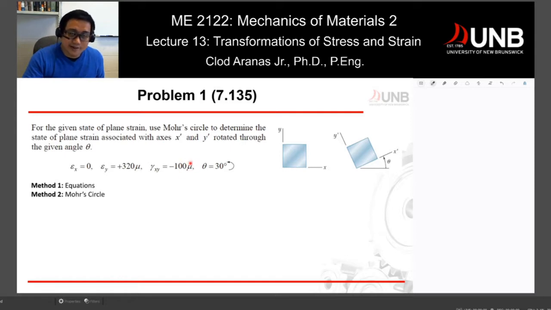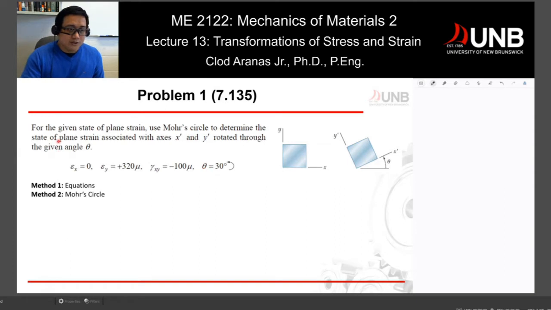So take note that this is times 10 raised to the negative 6, because we are talking about strain in the elastic region. So that's a really, really small strain. It's not in the plastic region, because in the plastic region, your material already deformed, so kind of it already failed. And then we have a rotation angle, which is 30.